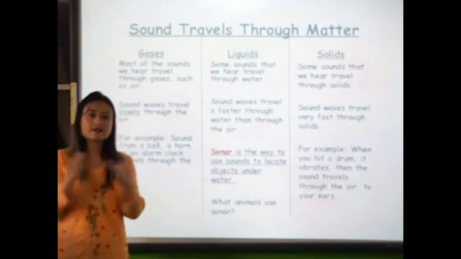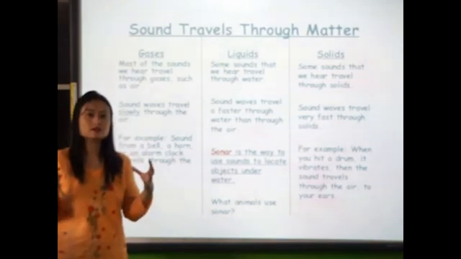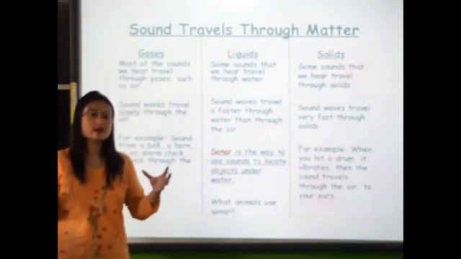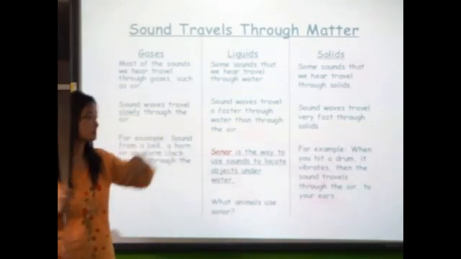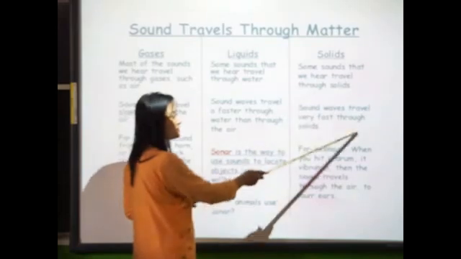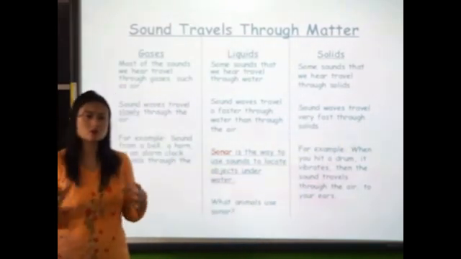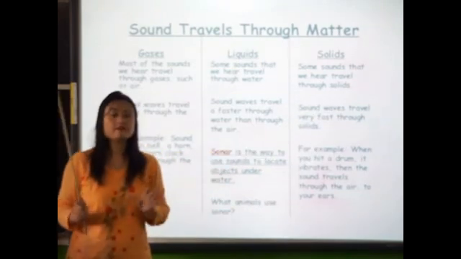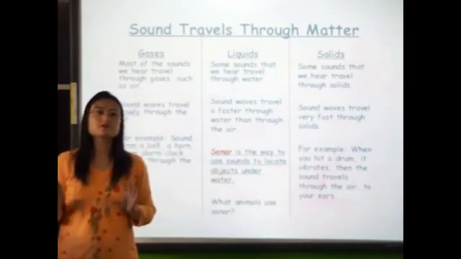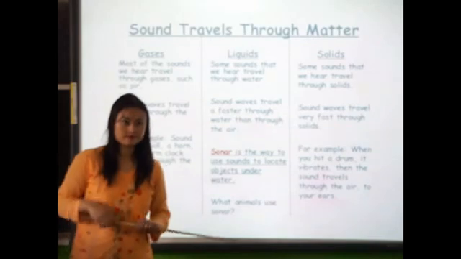That's why they can vibrate and touch each other faster, whereas in gases it needs a lot of energy to touch each other. For solids, since the particles are very close to each other, sound waves travel very fast, which means sound travels fastest in solids.